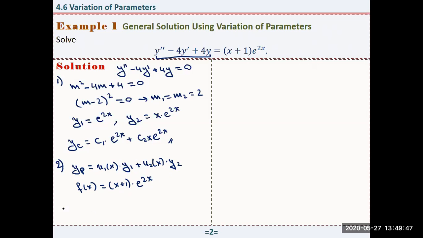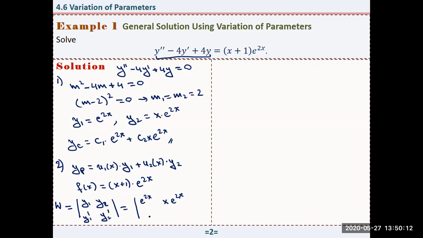Okay. So now the first step, we are going to find our Wronskian determinant, which is y sub 1, y sub 2, and here we have y sub 1 prime, y sub 2 prime, right? Which is equal to y sub 1, it is e to the power 2x, and y sub 2, x times e to the power 2x.